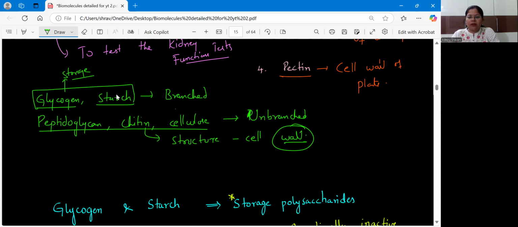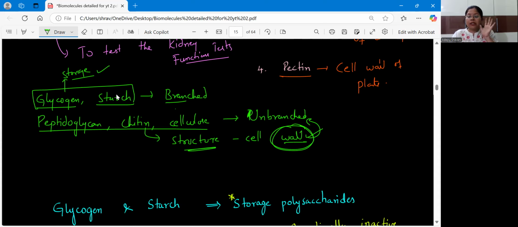So just remember, whatever polysaccharides are involved in giving structure, clear? Involved in structure like peptidoglycan, chitin, cellulose, they are basically involved in structure, that is cell wall. They are forming the walls, cell walls. Hence, they are unbranched. Now, this is not the reason. I'm telling you the logic to remember. Whereas the storage polysaccharides, that is glycogen and starch, they will be branched.